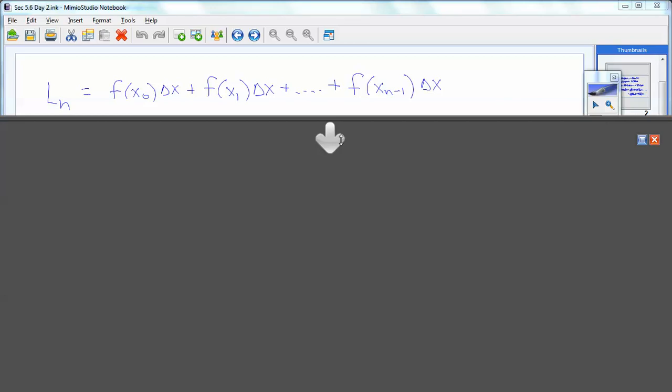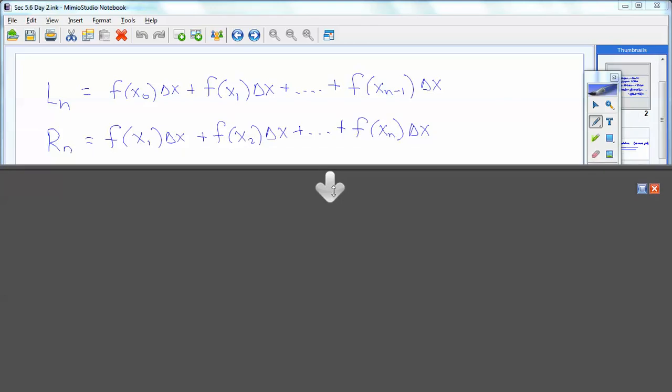All right? And so right rectangles would look like that. For the right rectangles, we don't include the left edge, right? We go to the next point over, which would be x1. So it would start with f of x1 times delta x, then f of x2 times delta x, dot, dot, dot. And we would end at the right edge, which we said was x sub n.